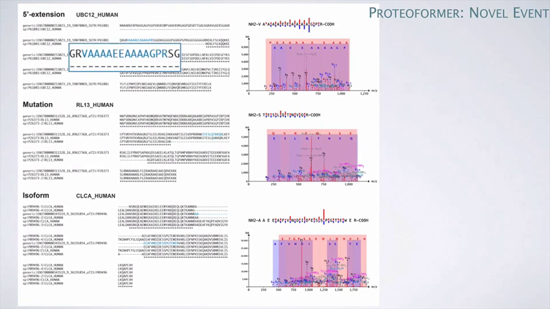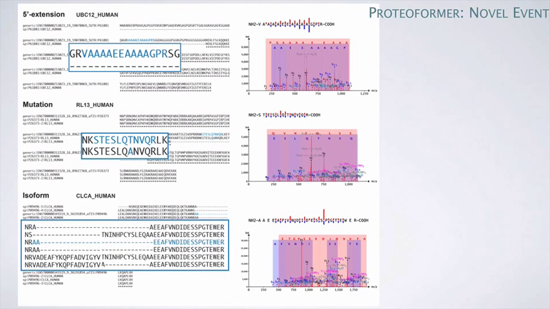The first one is a peptide identification within the 5' extension of the protein. The second one is a peptide which has a single amino acid variation. The third one is an example of pinpointing the exact translation isoform based on this information.